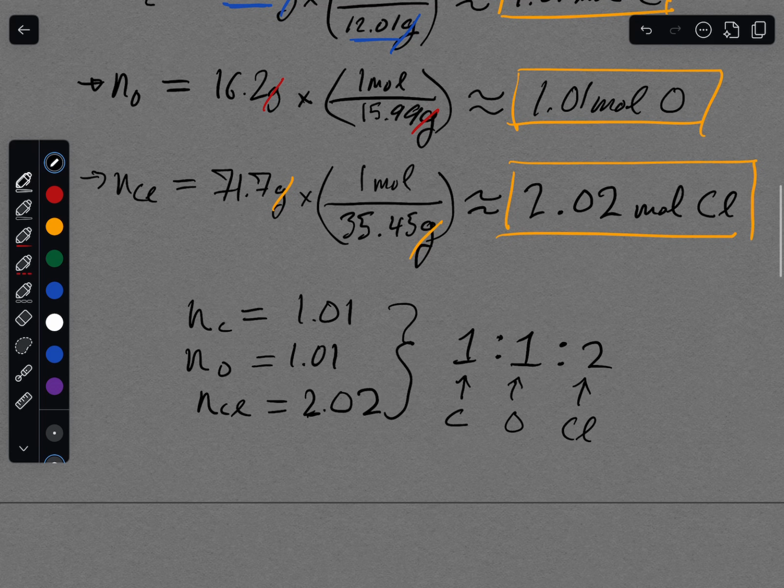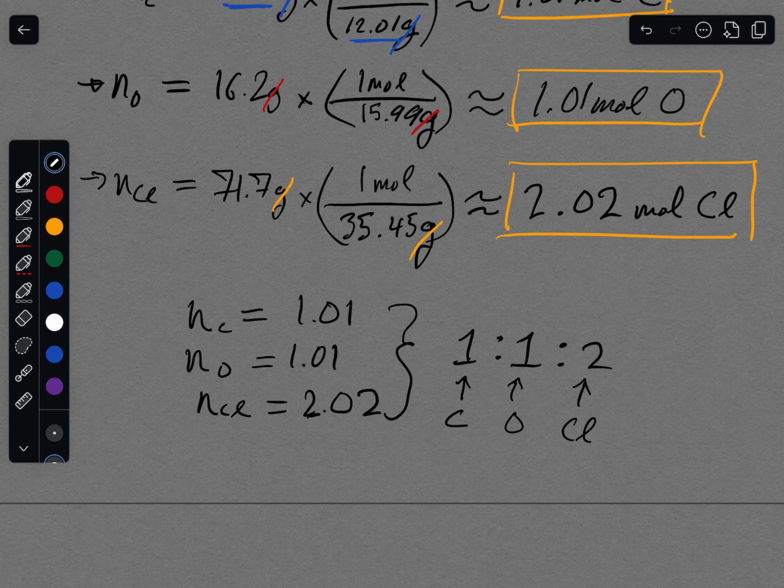But if you are careful, you've done all the work and you have the empirical formula now. What would the empirical formula be? Well, it would be 1 carbon, 1 oxygen, and 2 chlorines, and we'd indicate the 2 chlorines with the little subscript, just like we do in water. And that would be your final answer.